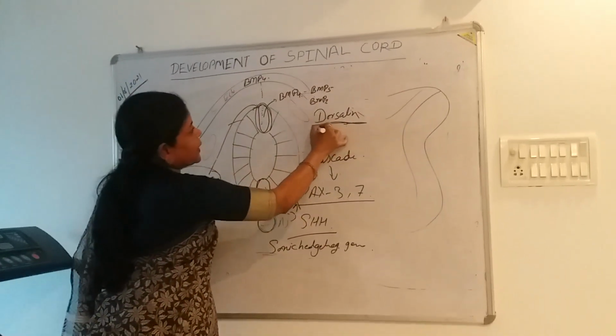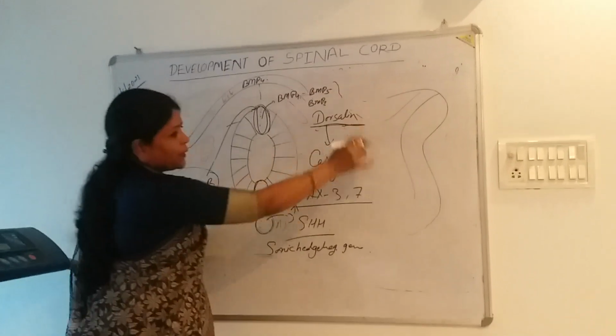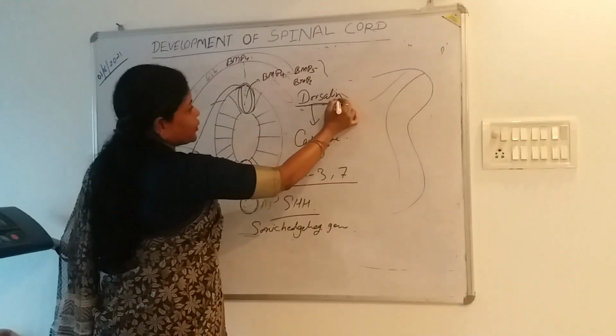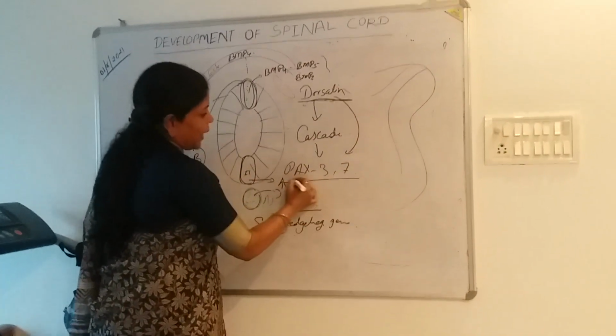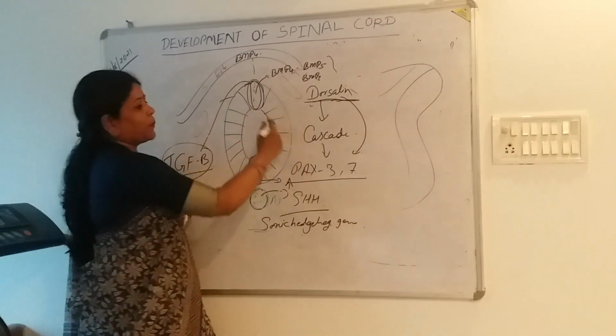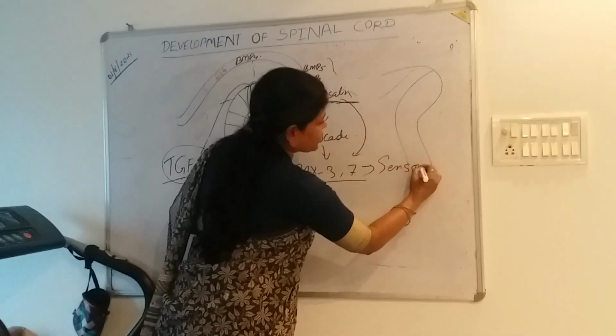Under the highest concentration of TGF-B, a transcription factor is produced, dorsalin, which expresses the PAX3 and PAX7 genes, which decide the neurons to be sensory ones.